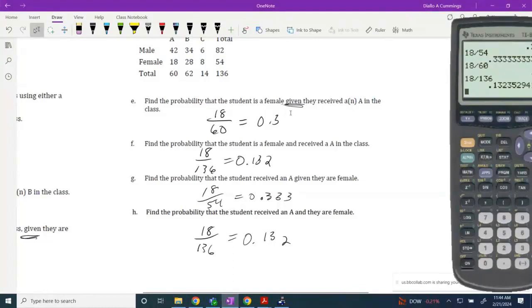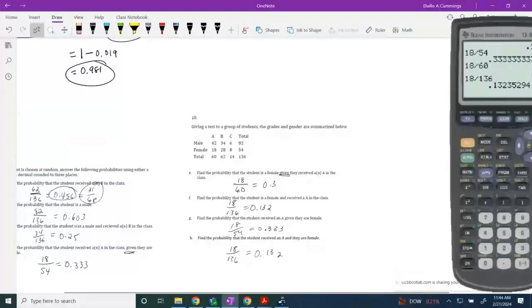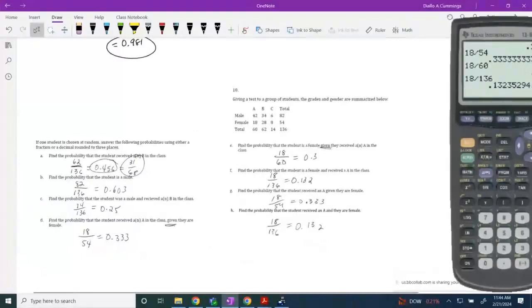Anytime you see the word given, you want to make sure that you restrict the denominator based on what's after the word given. Any questions about this contingency table? There was no fundamental principle of counting involved, just mapping out the fraction, basically the part over the whole.